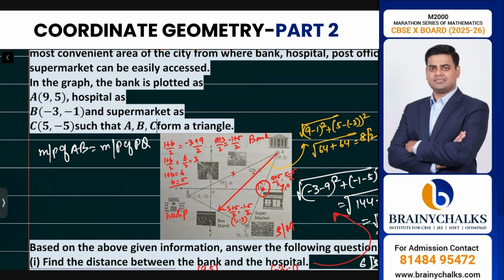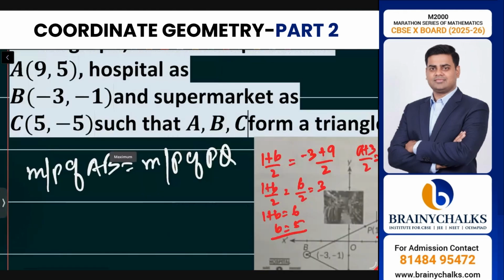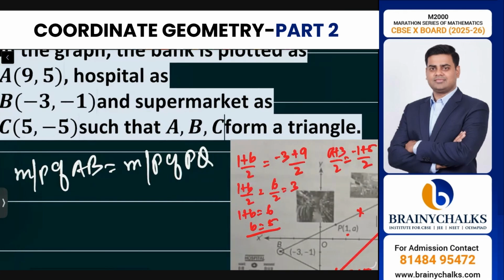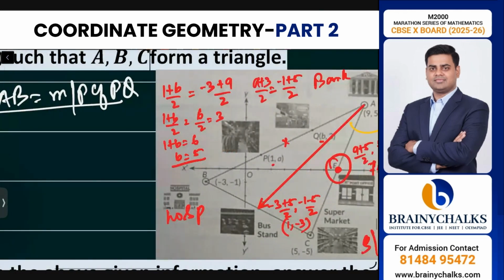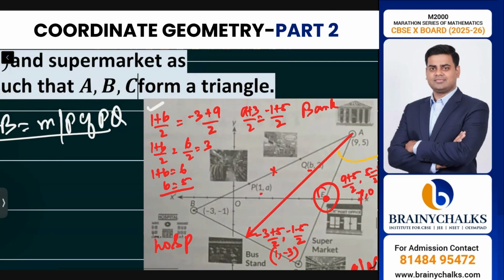Did you understand this statement or not? Midpoint of AB is equal to midpoint of PQ, yes or no? If understood, then what will be the midpoint of P and Q? 1 plus B by 2, shall we write? Prarthana, 1 plus B by 2 is equal to minus 3 plus 9 by 2, shall we write?